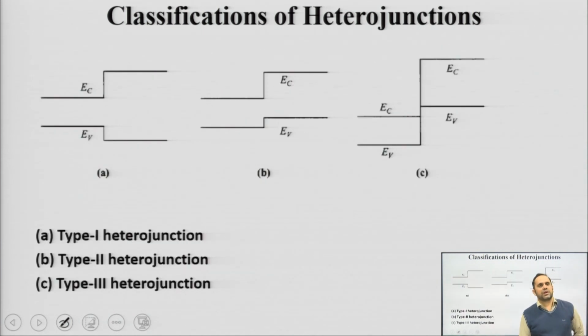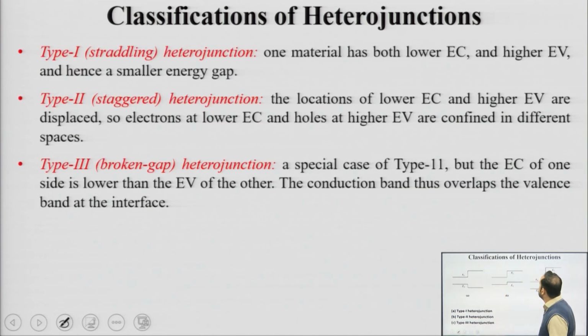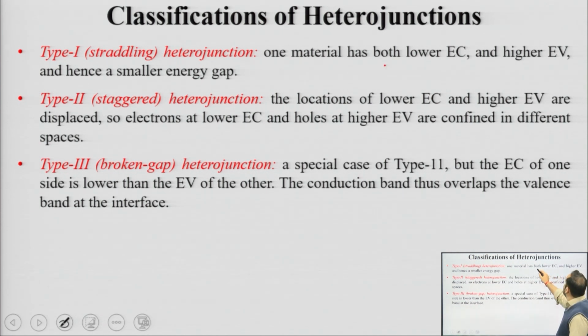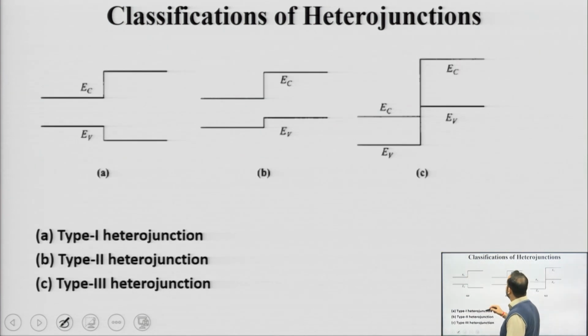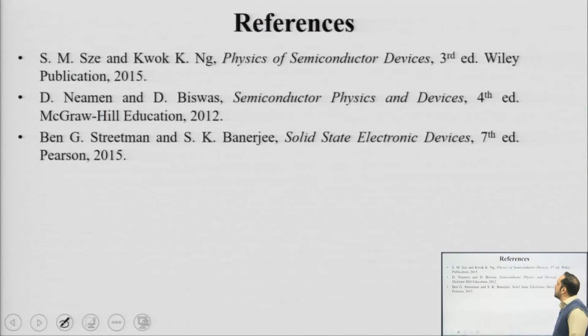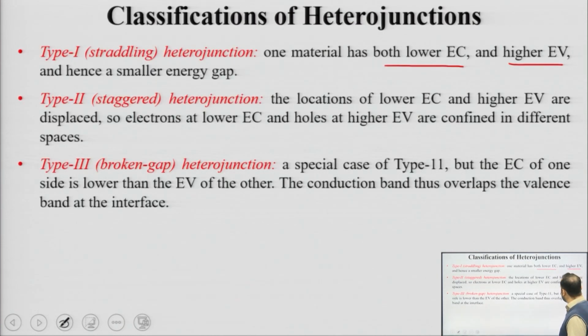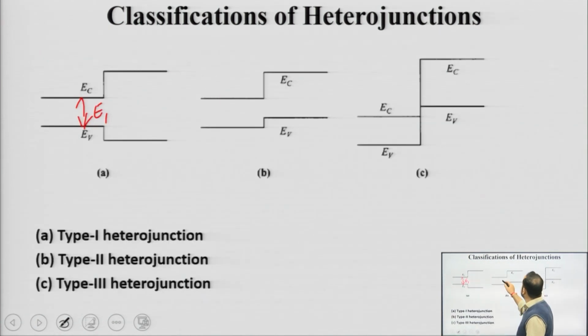Pictorially, this is your type 1 heterojunction and this is the type 2 heterojunction. In type 1 you have lower EC and higher EV, a smaller energy band gap, which let us call E1. Compared with this, in type 2 the lower EC and higher EV are displaced.